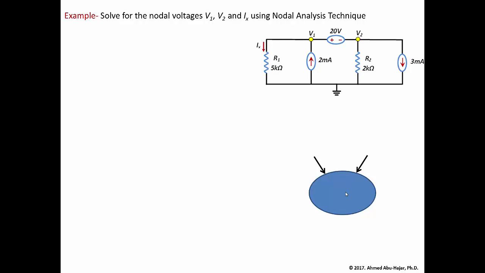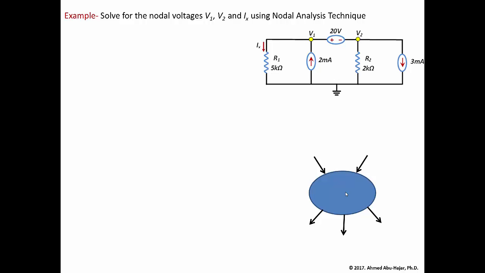This current going into this surface or this balloon should equal the currents leaving the surface or this balloon. That is the basic definition of KCL: the current that enters the surface will equal the current that leaves the surface, but this surface can shrink down to a point that defines a node.